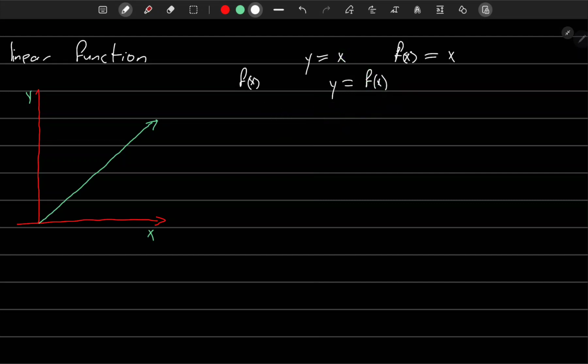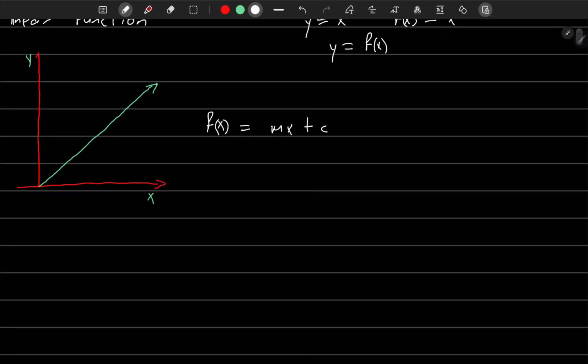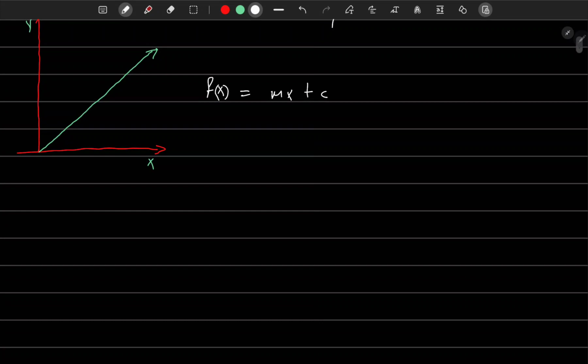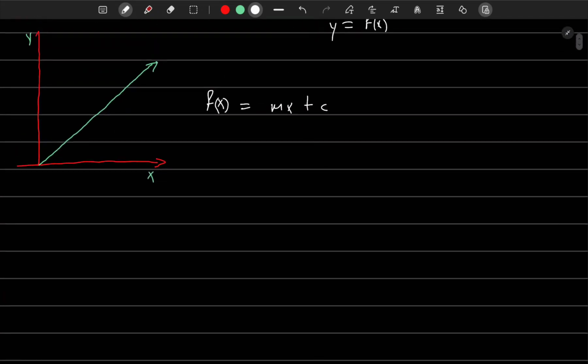So with this in mind, I can write this equation as f of x equals, and this has to be in brackets because x is the input for f, so we put it in brackets to show that this is a relationship. It's equal to mx plus c. This is the equation for a straight line function: y equals mx plus c. Now this is a linear function.